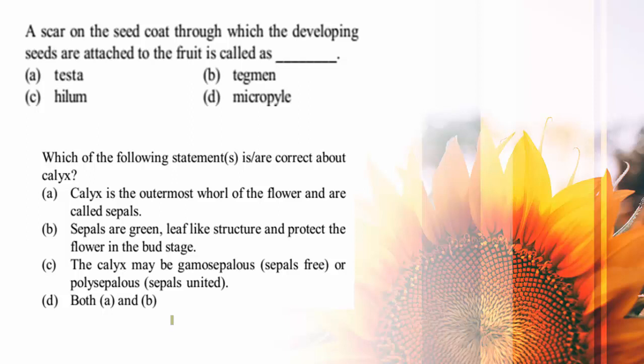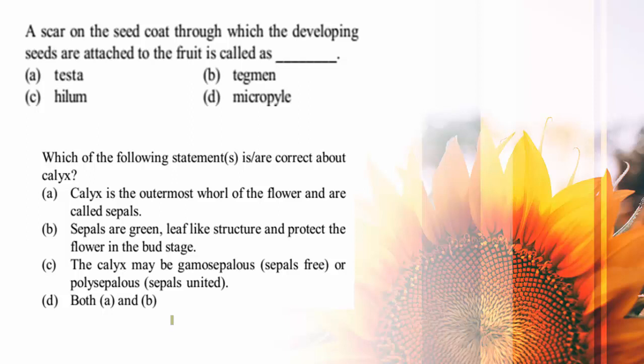Ovules are protected by coverings called integuments, they are two in number, outer integument and inner integument, and these integuments get transformed into seed coats as a result of fertilization.